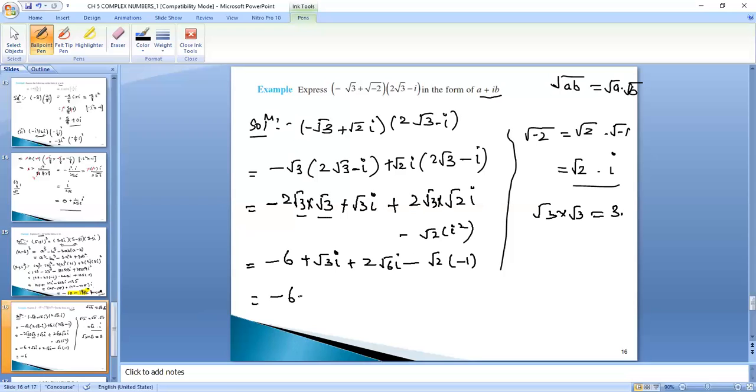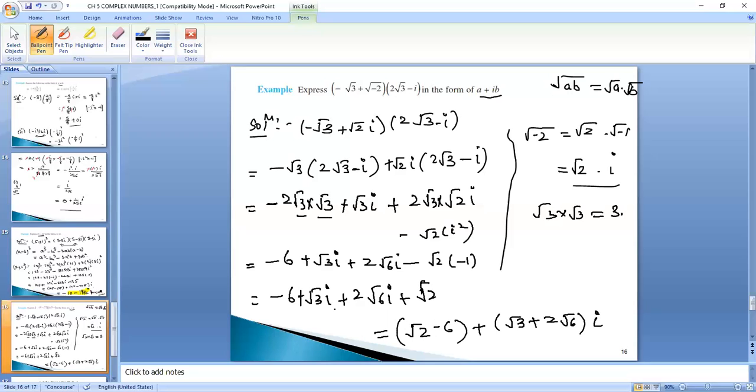So it is −6 plus √3 i plus 2√6 i plus √2. We can write it as (√2 − 6) plus (√3 + 2√6)i. I have written the real terms √2 − 6 in one bracket, plus the iota terms in another bracket, √3 + 2√6.